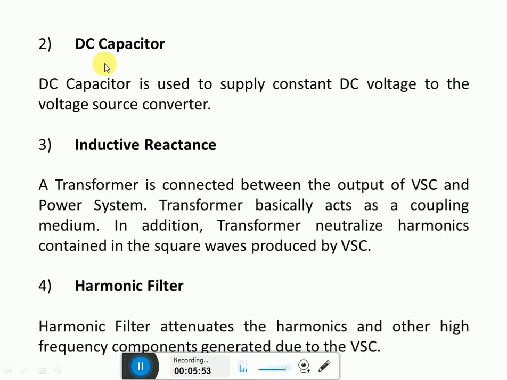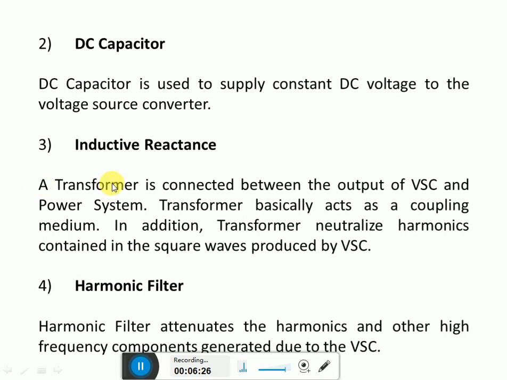So let's see the second component, which is the DC capacitor. The DC capacitor is mainly used to supply a constant DC voltage at the input terminals of the voltage source converter, so that it will generate the AC output. And the inductive reactance: as we have seen here, the coupling transformer has some reactance.